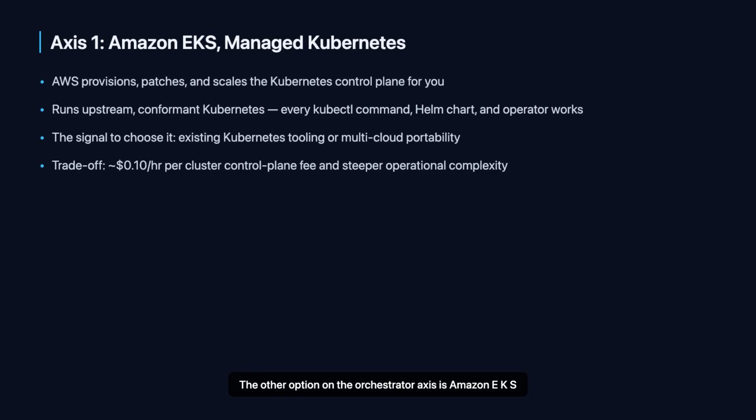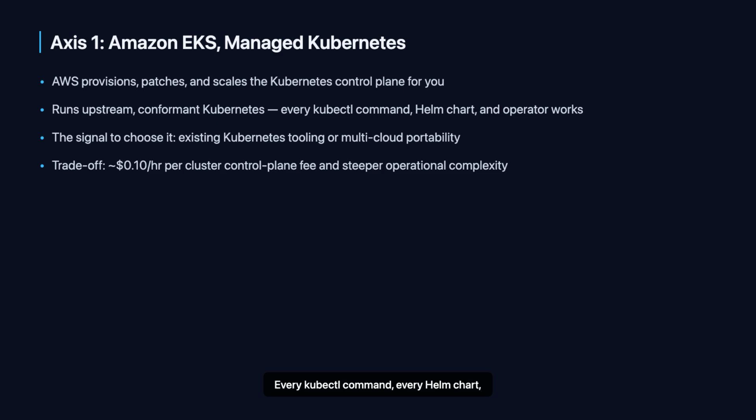The other option on the orchestrator axis is Amazon EKS, managed Kubernetes. Amazon Web Services provisions, patches, and scales the Kubernetes control plane for you so your team never runs those components themselves. And critically, it's upstream, conformant Kubernetes.